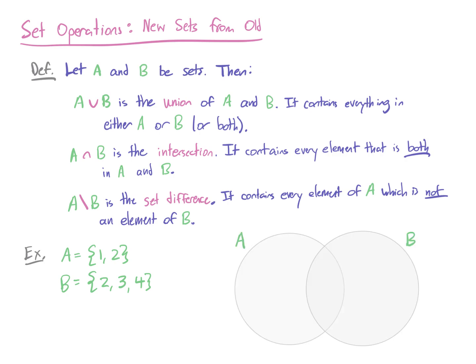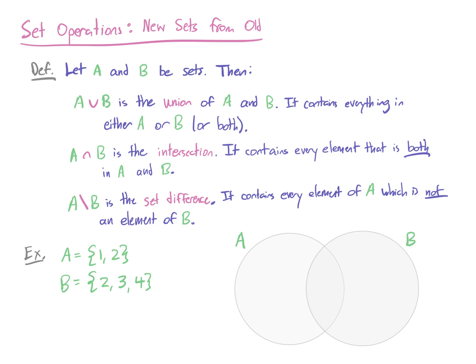So I have two sets A and B, and I've represented each of them as a circle. When I think about the circle as a schematic representation of everything that's in A and a schematic representation of everything that's in B, I can then visualize the union, the intersection, and the set difference.